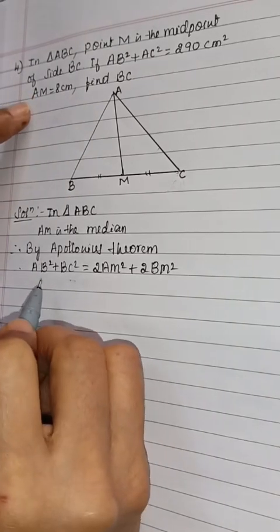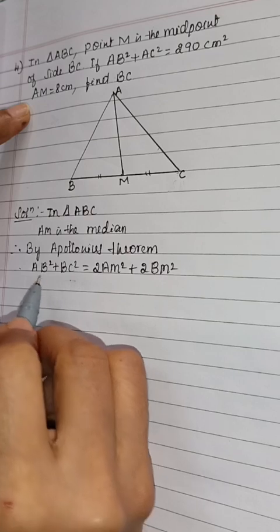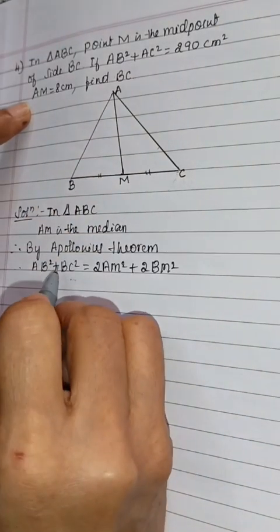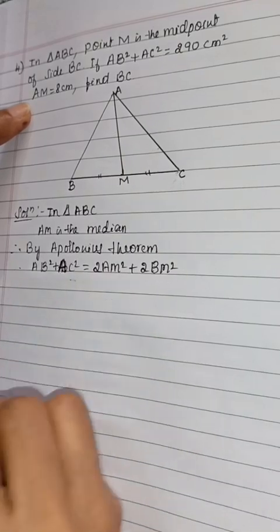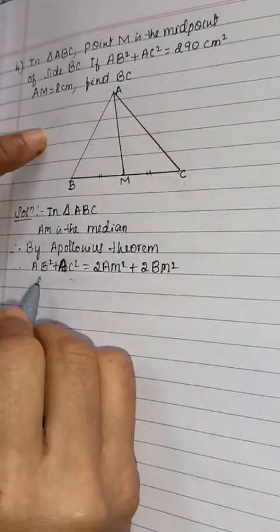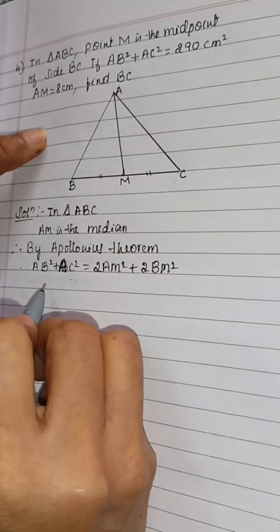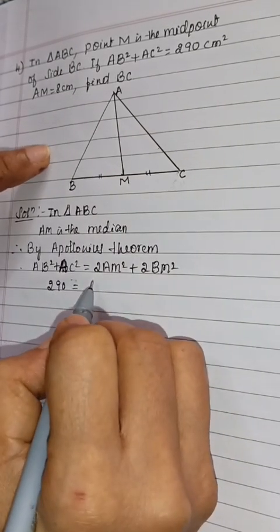AB square plus AC square, how much? See, AB square plus AC square is 290. This is 290 equal to 2AM square.